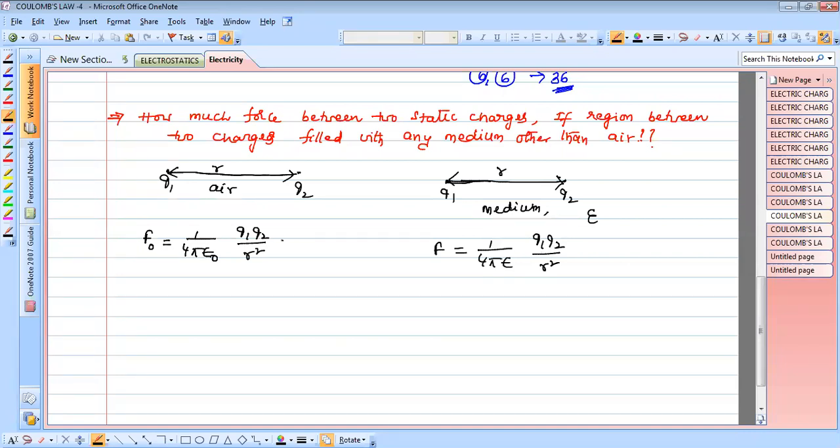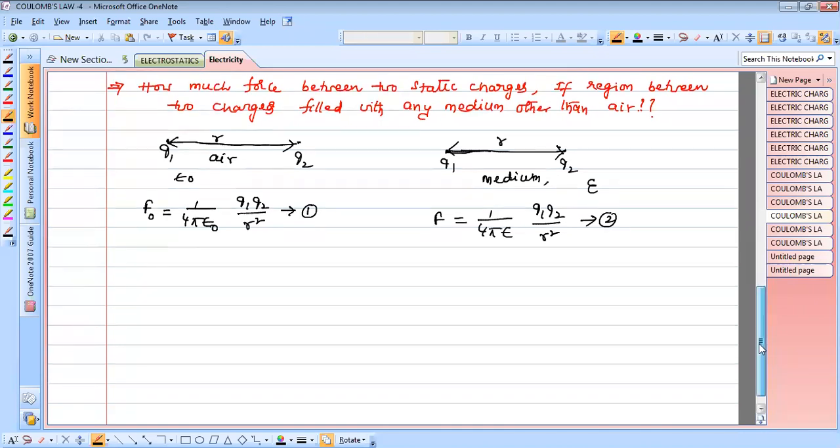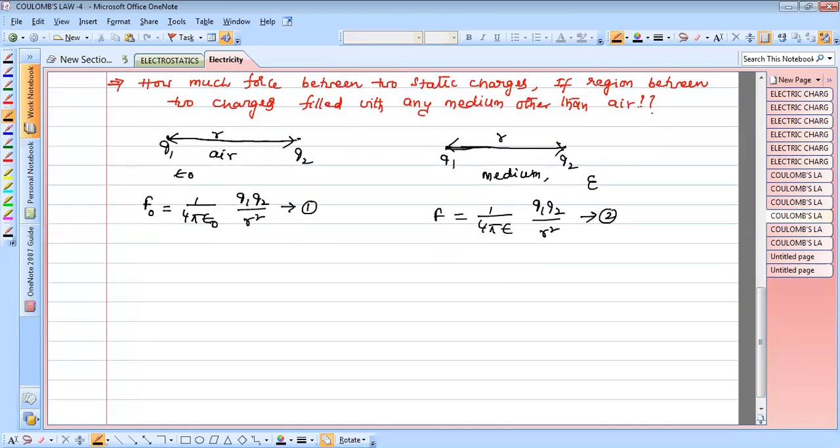Now we want to know the important relation between the permittivity of air and the permittivity of the medium. Epsilon naught is the permittivity of free space. This is equation 1, in air. This is equation 2, the force in the medium. Observe that the same charges are placed in air and in a medium, and the distance between them is R in both. That means the same charges are placed at the same separation, but in two different mediums.